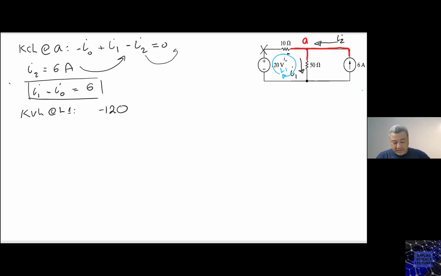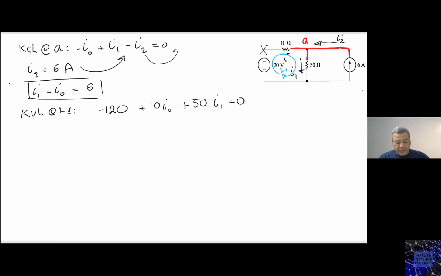Plus 10 I naught plus 50 I1 equals 0, right? So this is a second equation I have now.